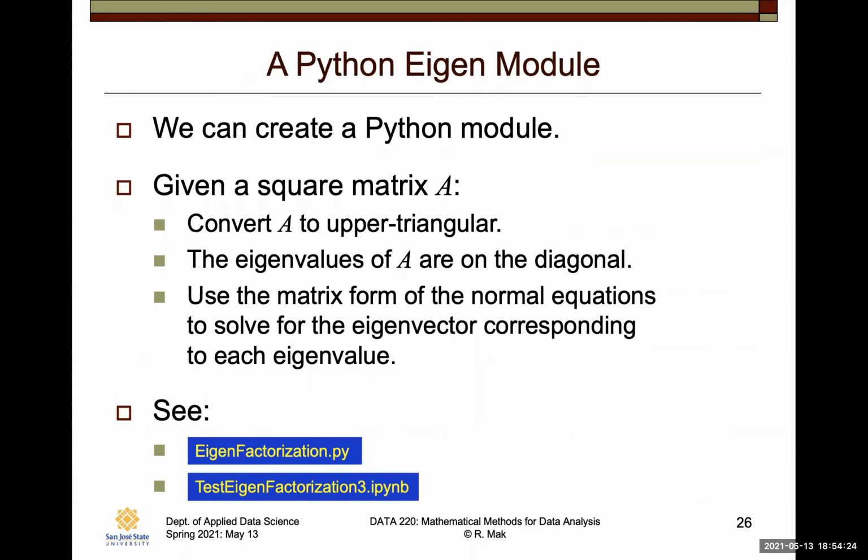So then of course, here I've actually written some Python functions that go through all these steps. So let's take a quick look at them.